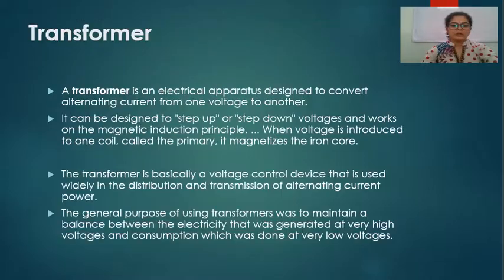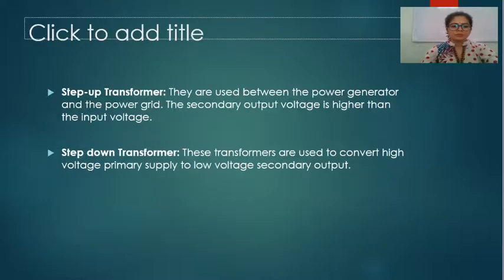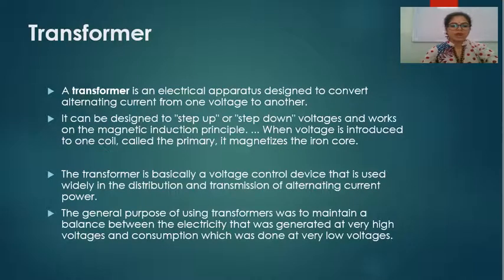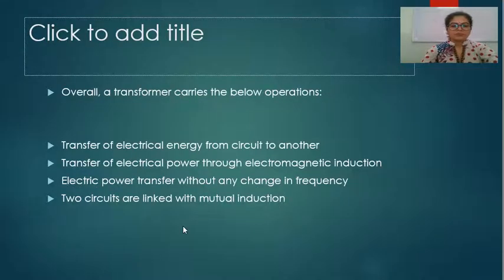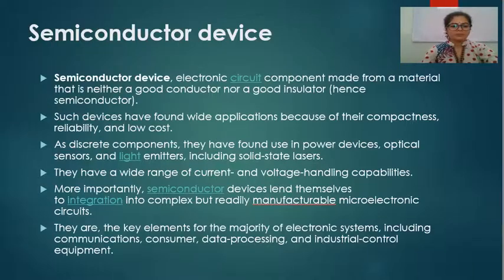After that, we have started with the transformer. What is a transformer and why we use a transformer? And we have also studied the working principle of a transformer. Then what are the operations a transformer carries out?